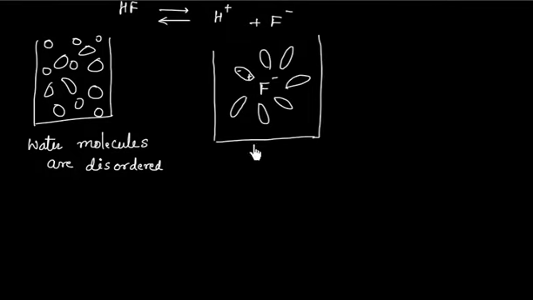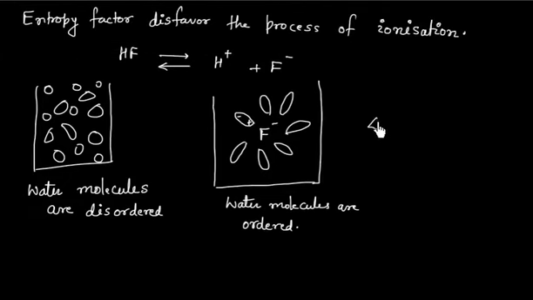So now I can say water molecules are ordered. And that's why delta S is negative in this case. On this side we have more entropy, on this side we have less entropy.